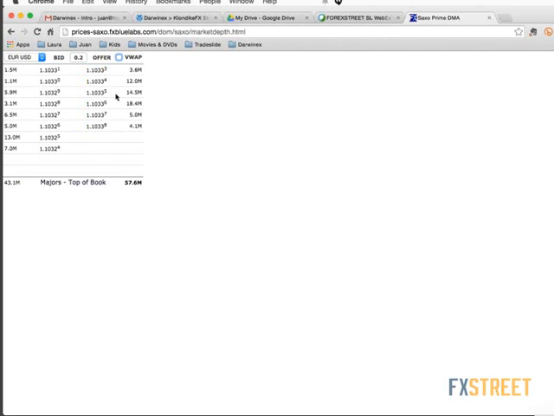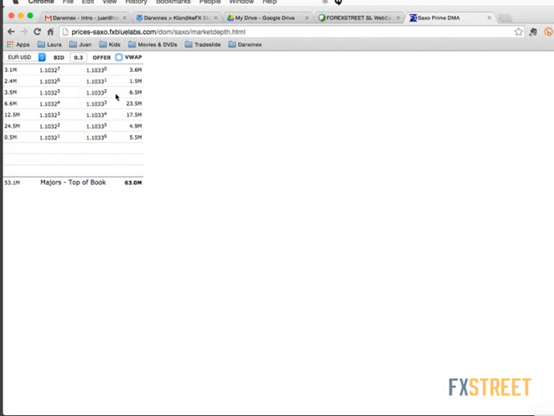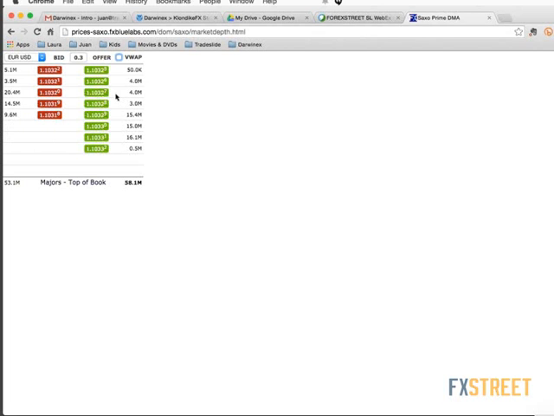But then, of course, if a lot of those guys withdraw because either the market has closed or because a lot of volatility is expected, then the spreads widen a lot, and the slippage also becomes a lot worse because the book is a lot thinner. So the price is just the result of the order matching, and the order matching really depends on the density of the order book.